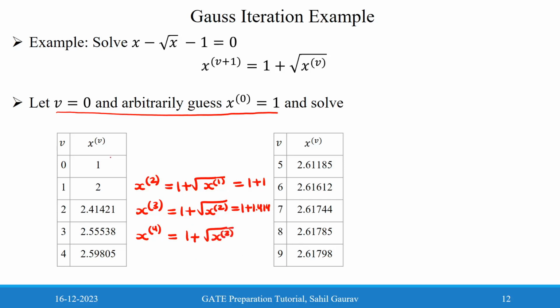Similarly, on putting all these values, we can see that for v is equal to 8 and 9 we are getting approximately the same value.